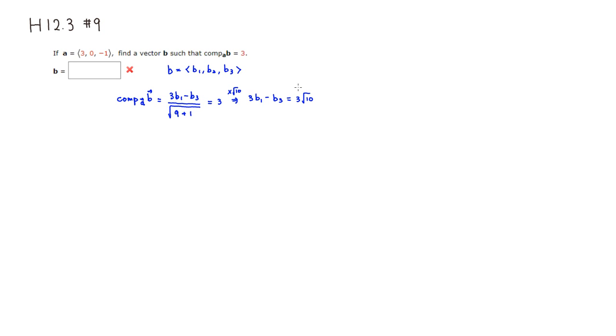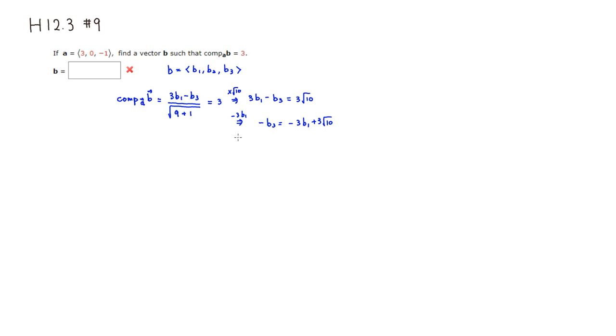Then what we can do is solve for B3. I'm going to subtract the 3B1, so it's going to be negative B3 is equal to negative 3B1 plus 3 square root of 10.